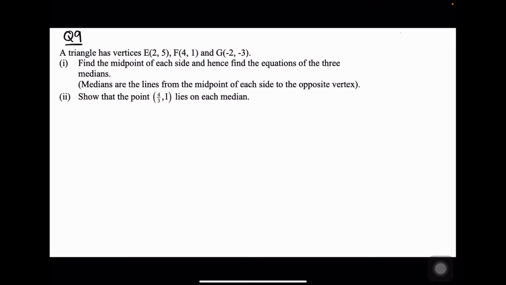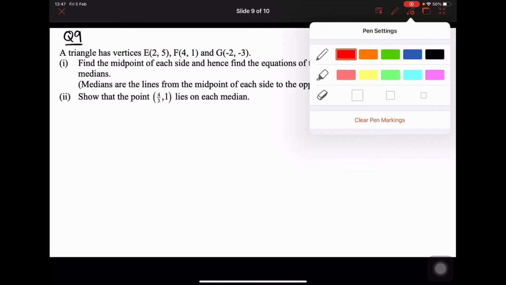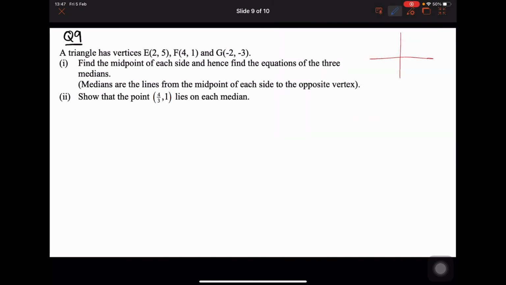So here I will plot these coordinates on a set of axes. So -2, -3 is here, 4 and 1 is here, and 2 and 5 here.